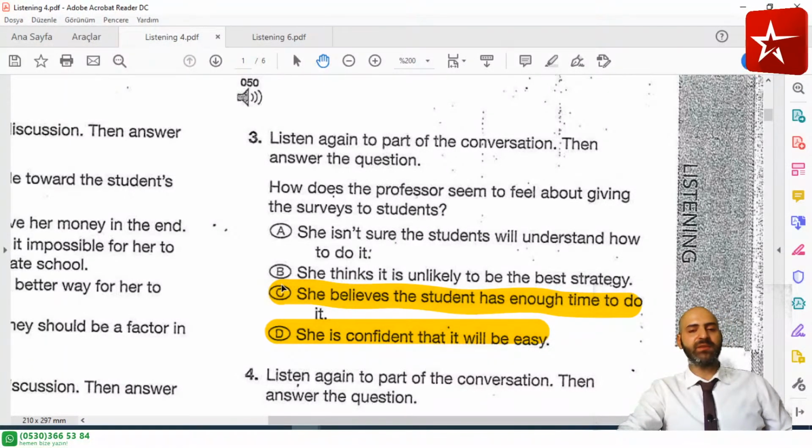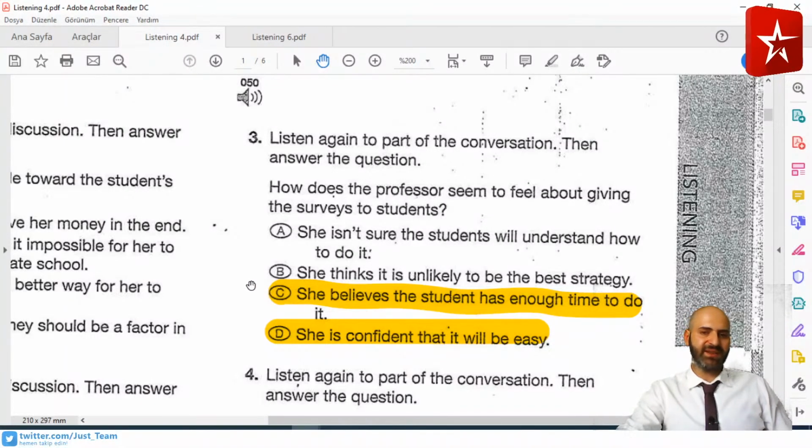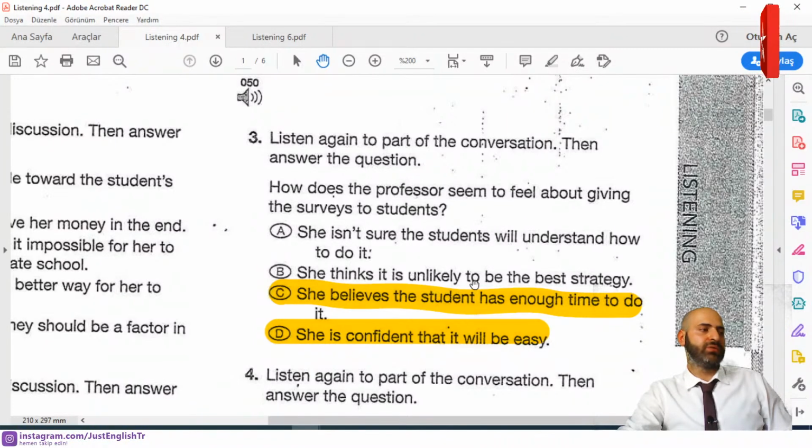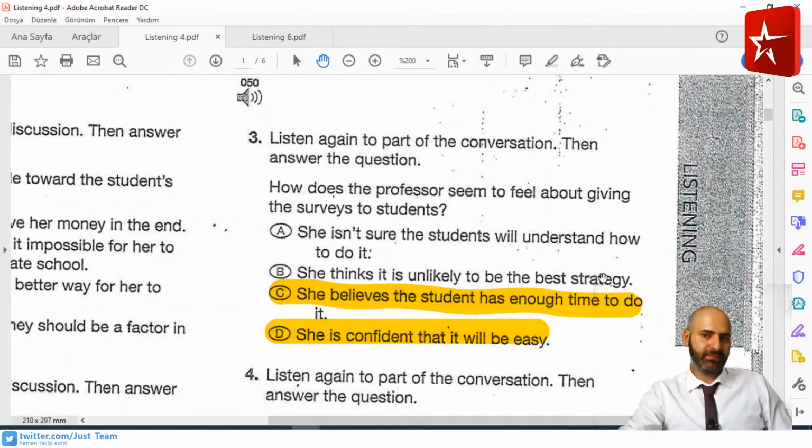On the other hand, the student should go and ask some elders at the nursery home or elderly center to fill out the questionnaire. So it can be the best strategy or a good strategy. There is no problem about strategy. Okay. So strategy is not a problem.